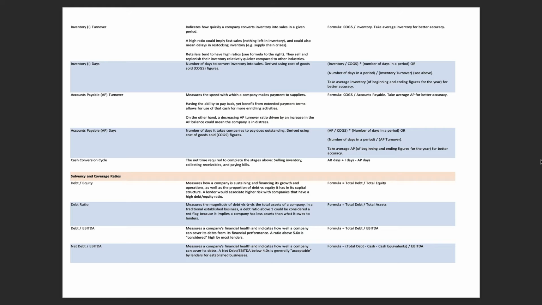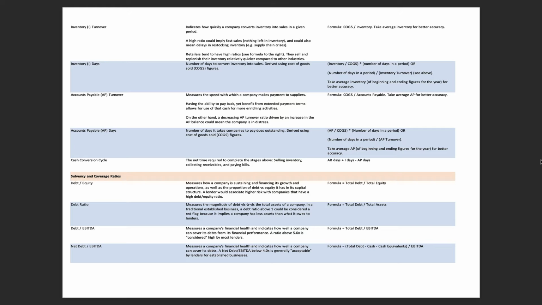So let's say, hypothetically speaking, that it takes 20 days to collect payments from customers for services rendered or products sold and invoiced, that it takes on average 15 days to sell inventory or to convert inventory into sales, and that it takes 30 days for the company to make payments to suppliers.